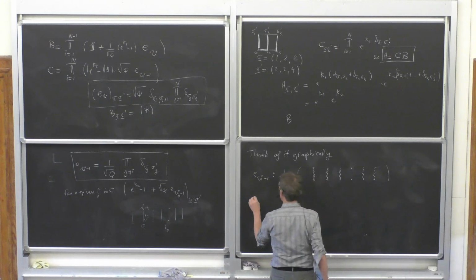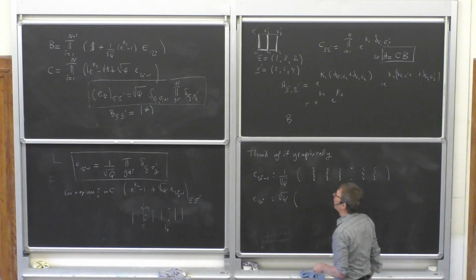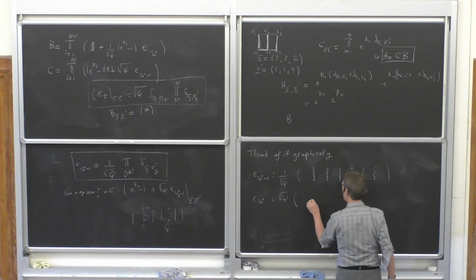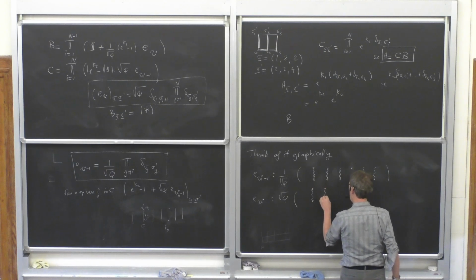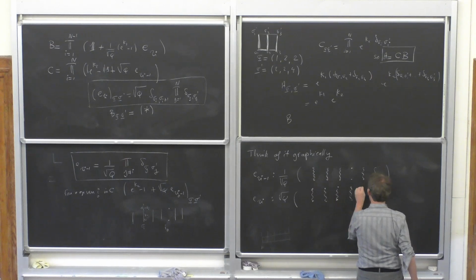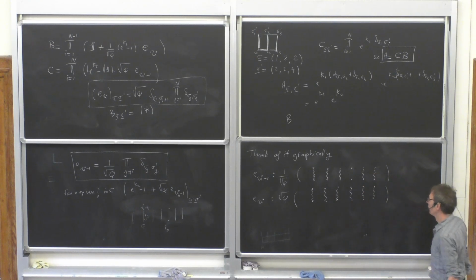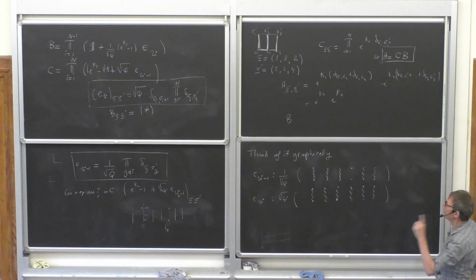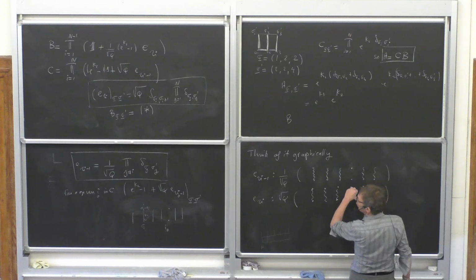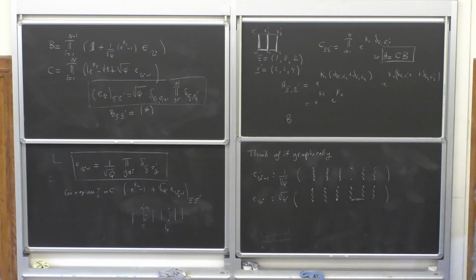E_{2i} is a little bit different. What does it do, E_{2i}? Well, it sends every spin to the same copy, including the ith one, but on top it forces sigma i to be equal to sigma i plus 1. So this is this. Okay.